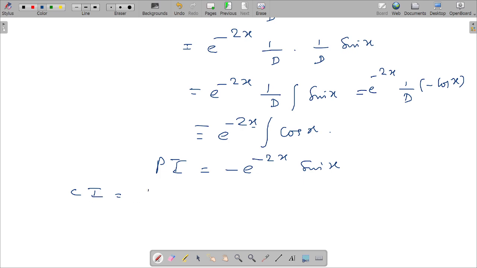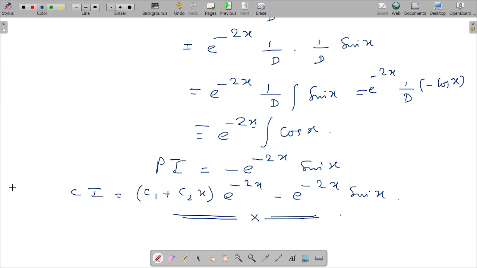Complementary function is c1 plus c2 x, e power minus 2x, and the particular integral is minus e power minus 2x sin x. Either you can take e power minus 2x common, it's not a problem, and even end at this step, but compulsorily you have to write this complete integral.